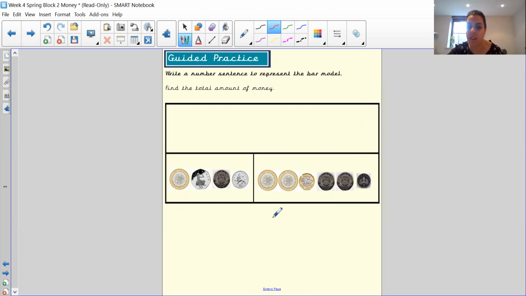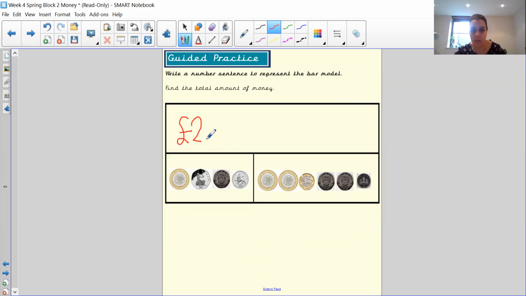Okay, hopefully you've done that. So this box over here, this bar over here, we've got £2. So I'm going to write £2. And then pence, I've got 50 and 20, which is 70, add 10, so it's 80.